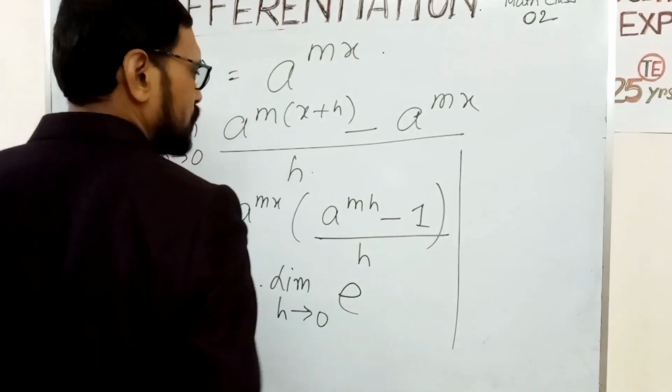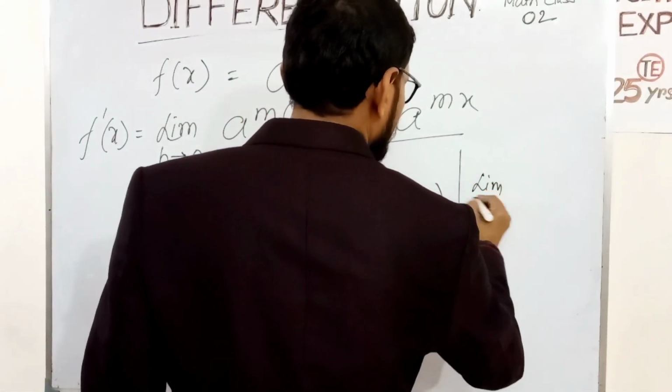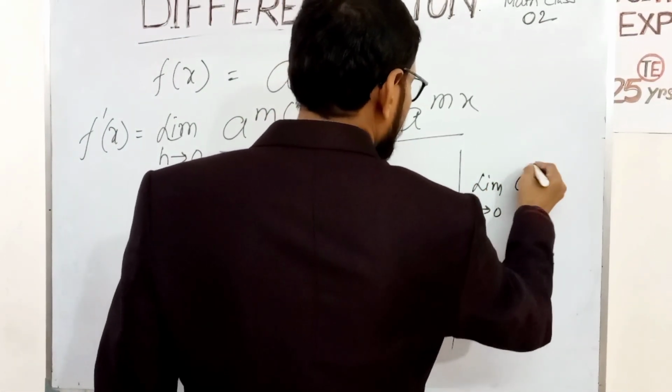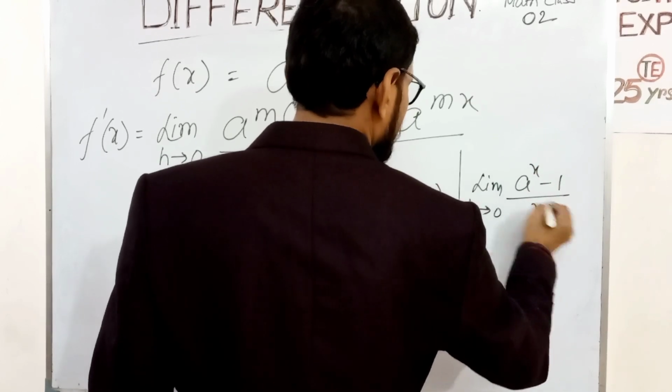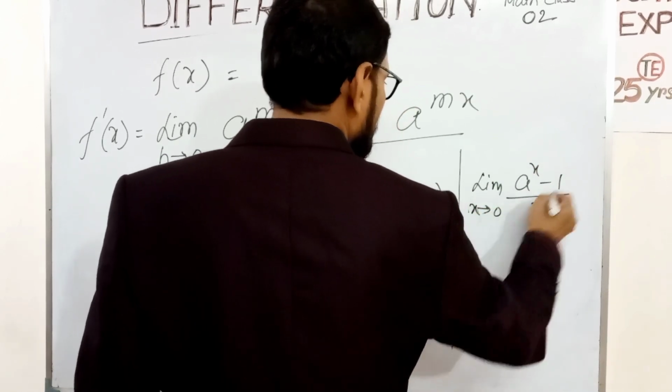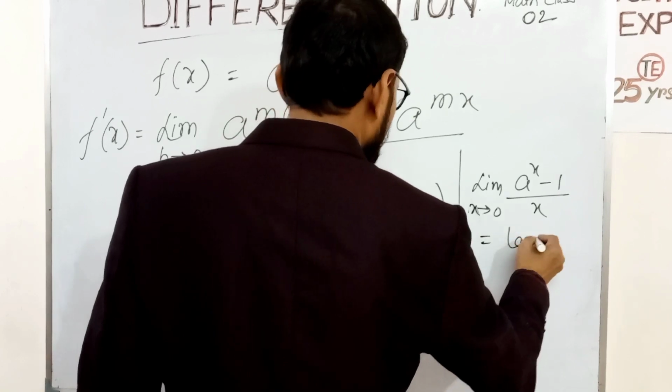So we know the formula: limit x tends to 0 of (a to the power x minus 1) by x equals log a.